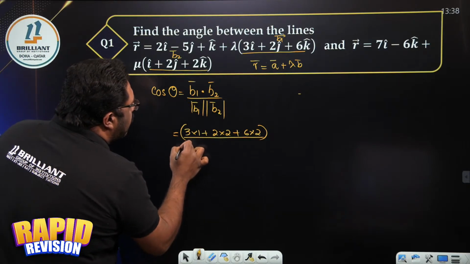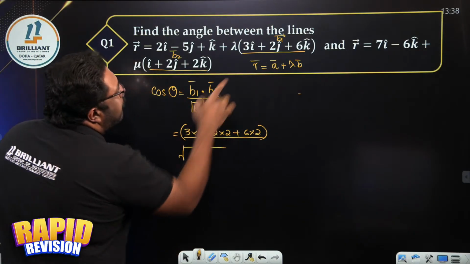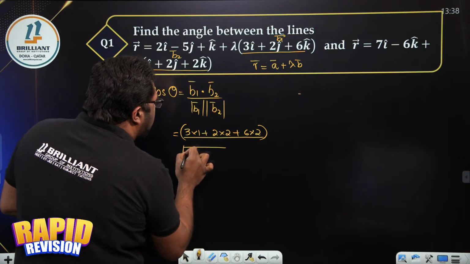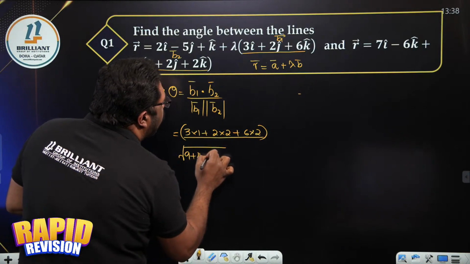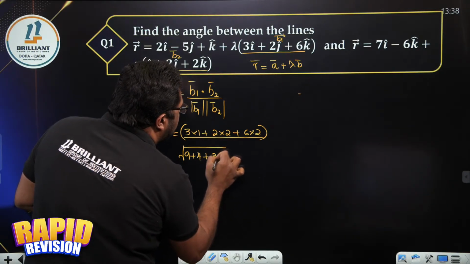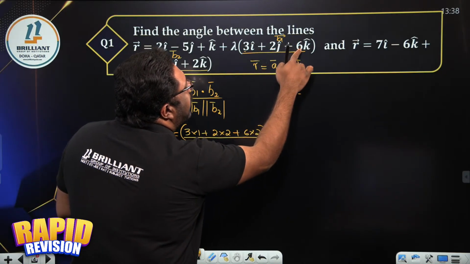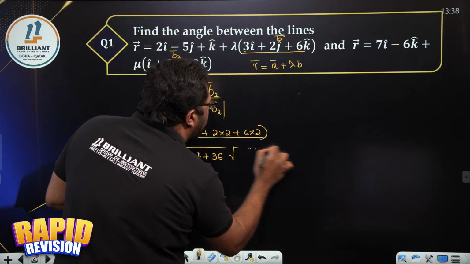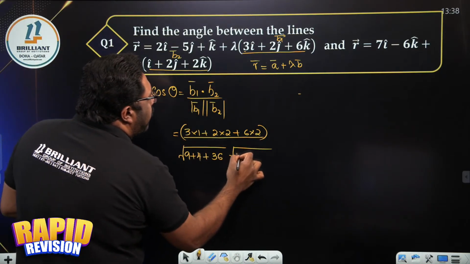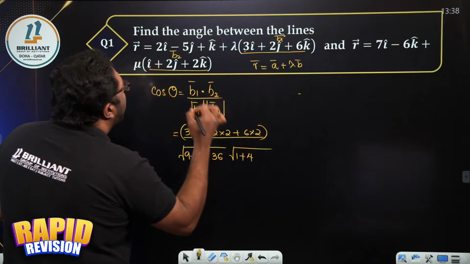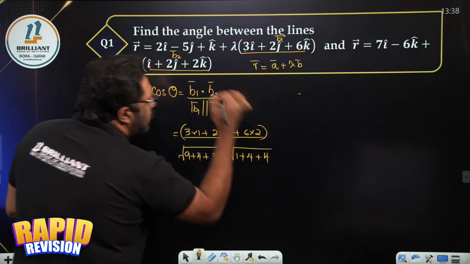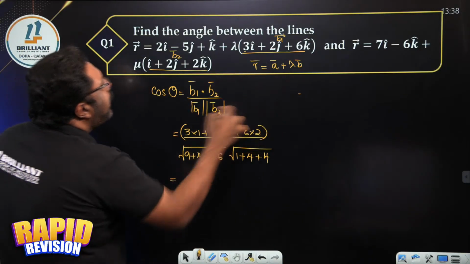And the magnitude, root of 9 plus 4 plus 36, which is 3 squared plus 2 squared plus 6 squared. The next vector, 1 squared plus 2 squared plus 2 squared.